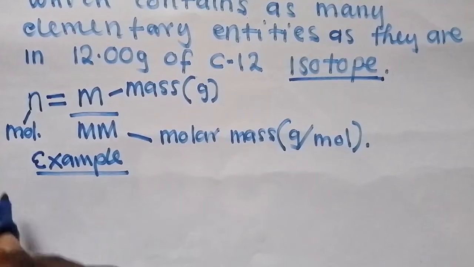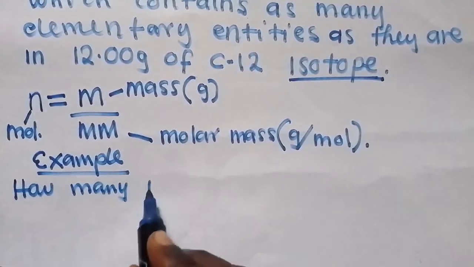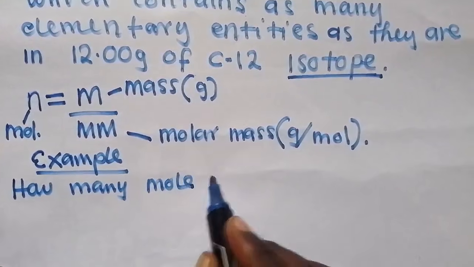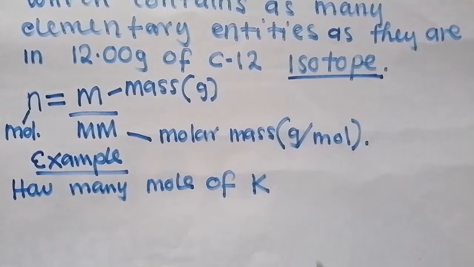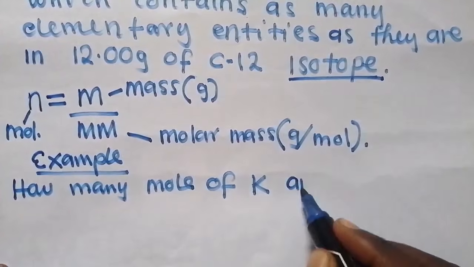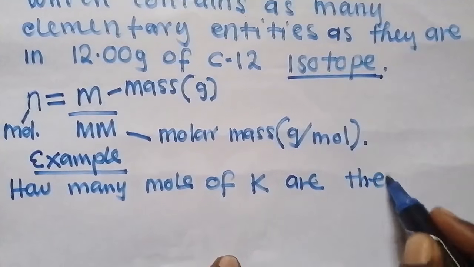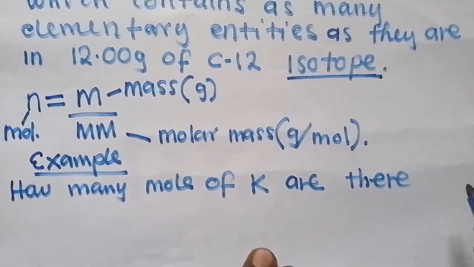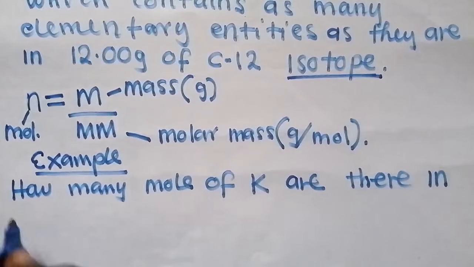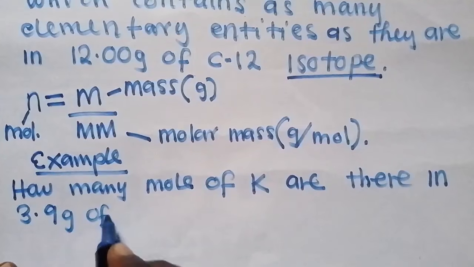Let's say you're given a question asking how many moles of potassium, K, are there in 3.9 grams of potassium.